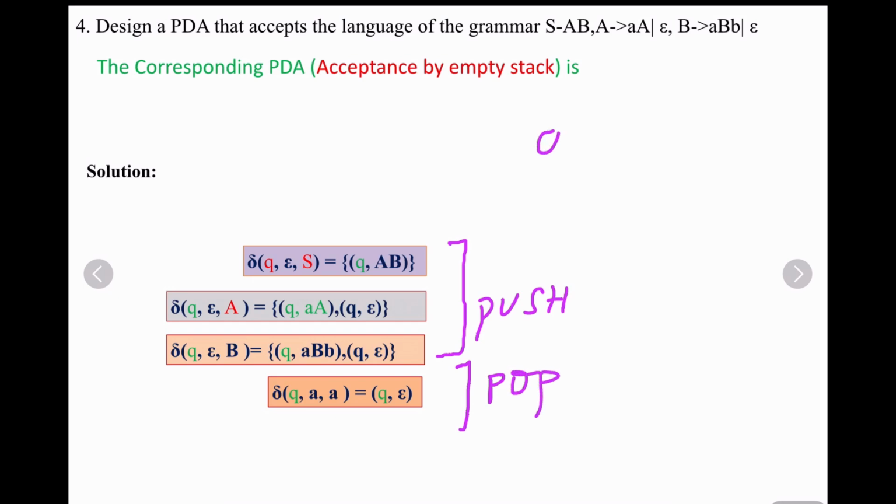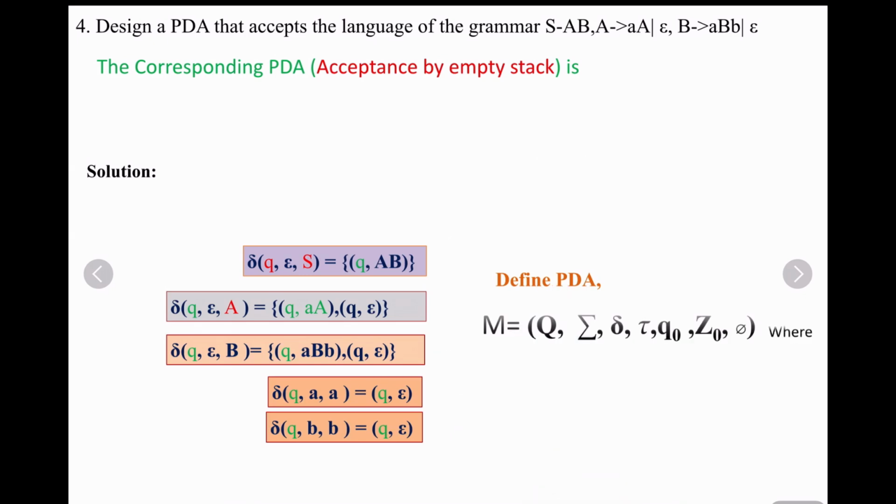The terminal symbols are a, b, and epsilon as well. So whenever a comes, pop it; b comes, pop it. Epsilon is not a symbol of the input alphabet, so you can leave it as it is, because it just represents an empty string. You need not push it and pop it.